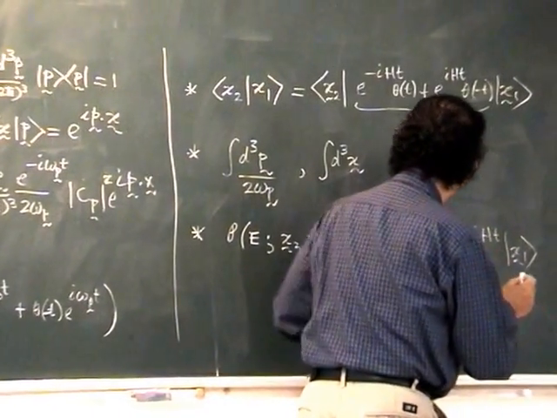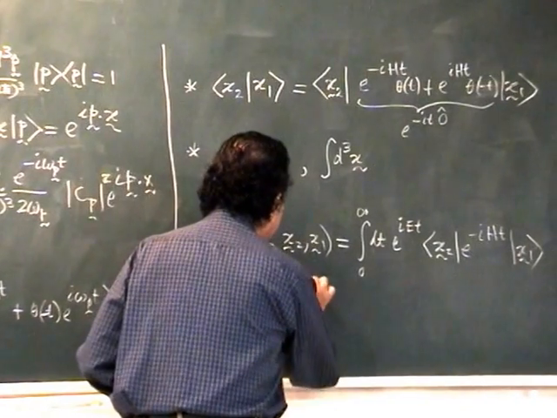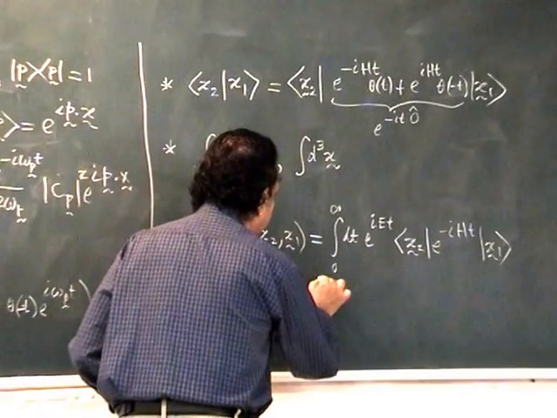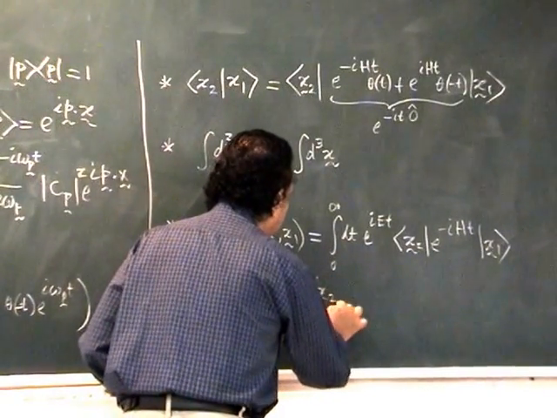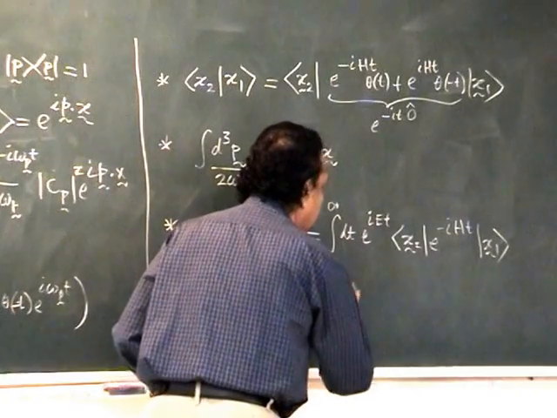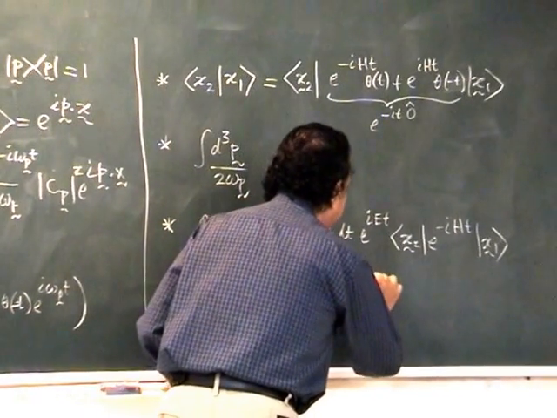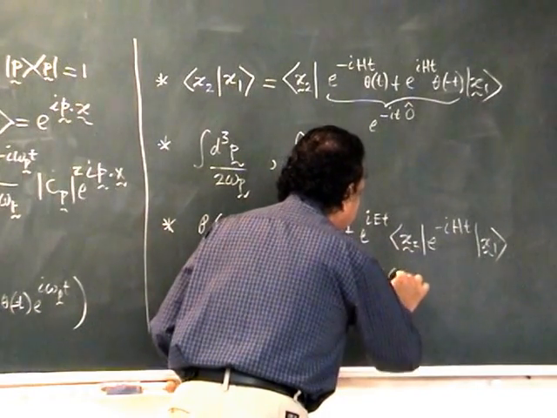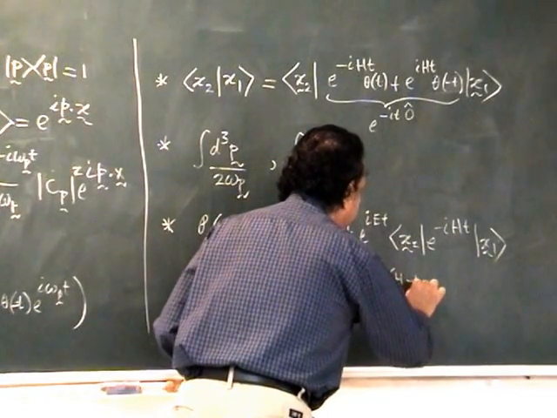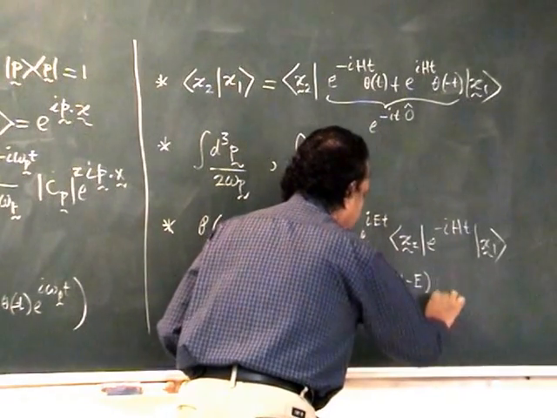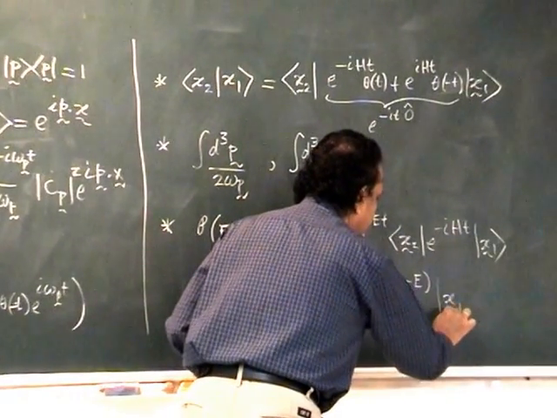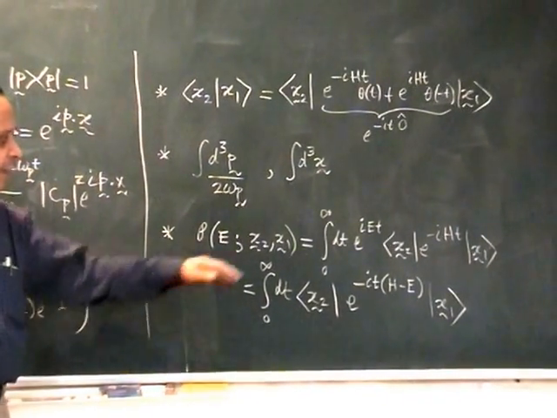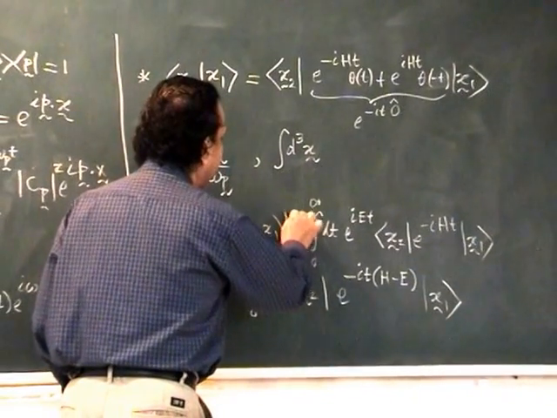So it is integral 0 to infinity dt, x2, e to the minus i t (H minus E), x1. Okay. This is a perfectly valid description which we had in the non-relativistic theory.